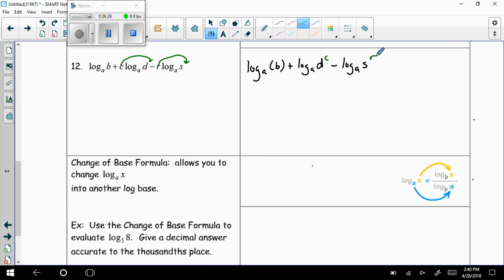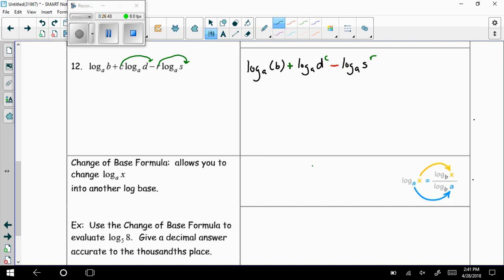Before we continue on this, I do want to point out that if I were to have a different base, for example, if this would have been log base b, I can no longer combine it. So I have to have the same base in all my logarithms in order to make them squish together. Okay. Now that we have this set up, that's addition, so it's in the numerator. That's subtraction, so it's in the denominator.